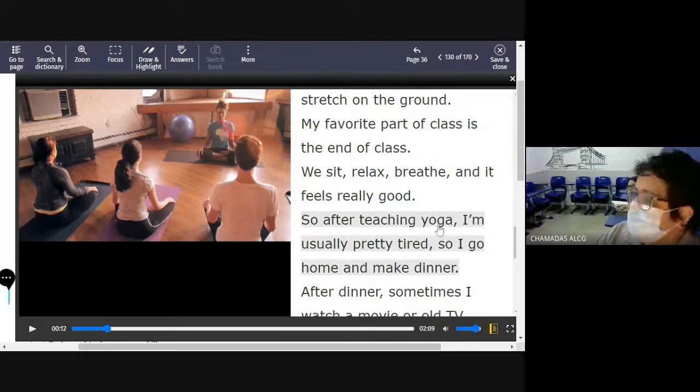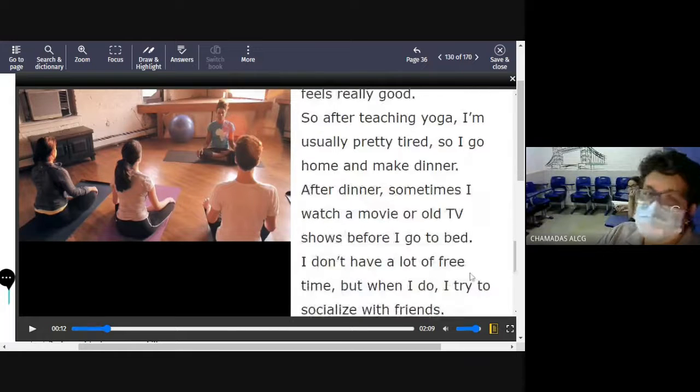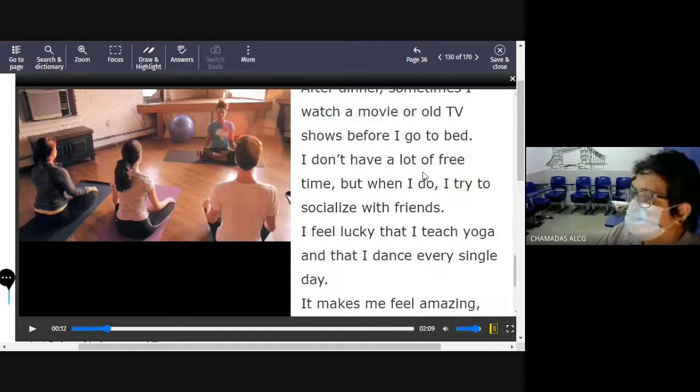So after teaching yoga, I'm usually pretty tired. So I go home and make dinner. After dinner, sometimes I watch a movie or old TV shows before I go to bed. I don't have a lot of free time, but when I do, I try to socialize with friends.